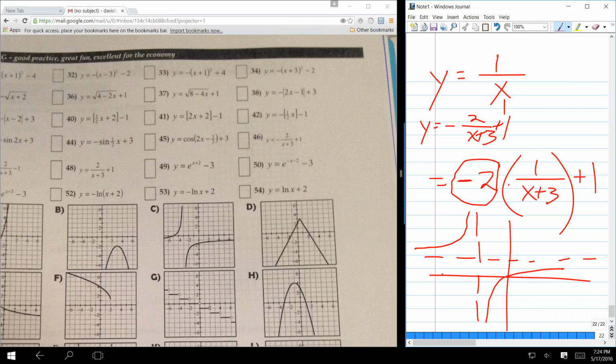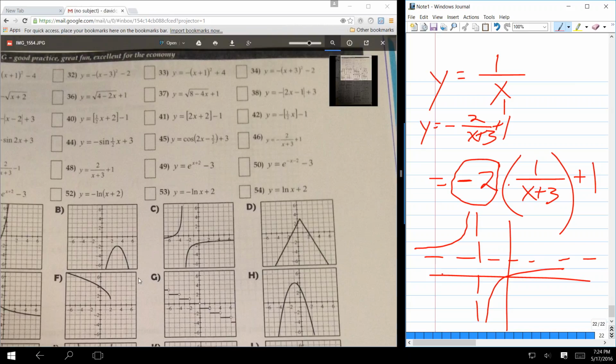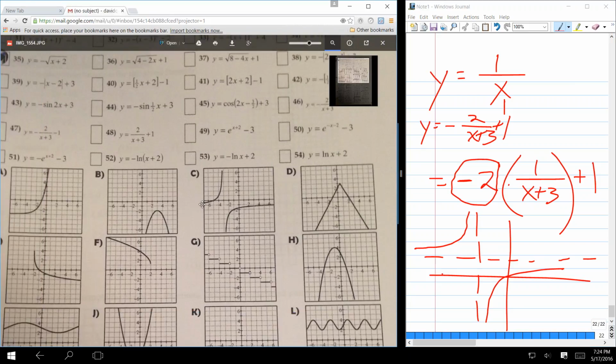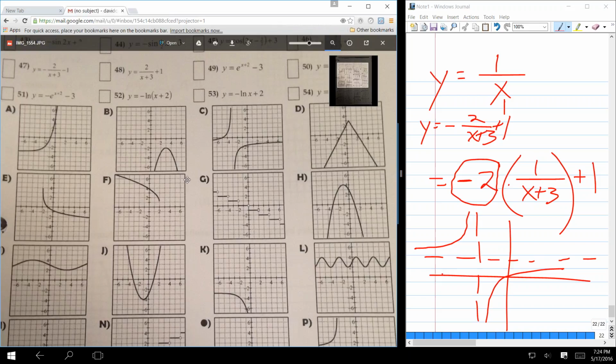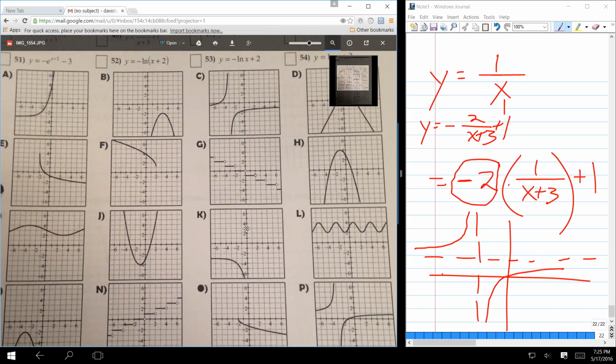Do we see that on there? C maybe? No, the difference is C has a horizontal asymptote that's below the x-axis. And we know that that horizontal asymptote has to be shifted up 1. So let's find something else that looks a lot like C, only with a horizontal asymptote that's proper.